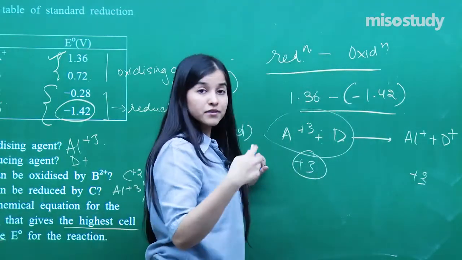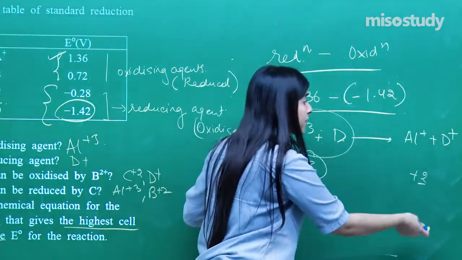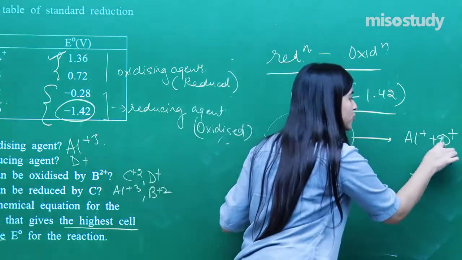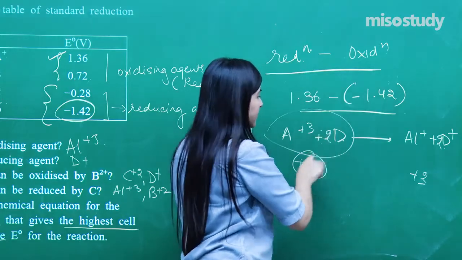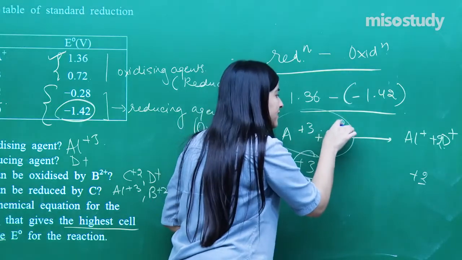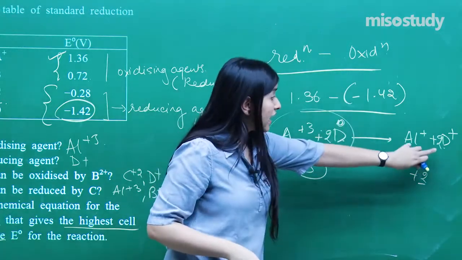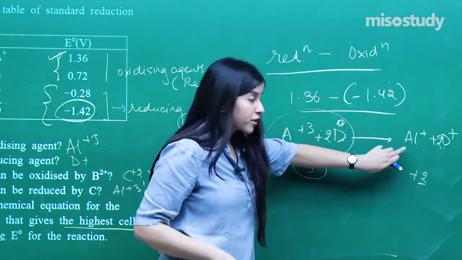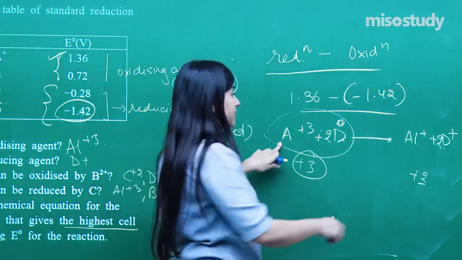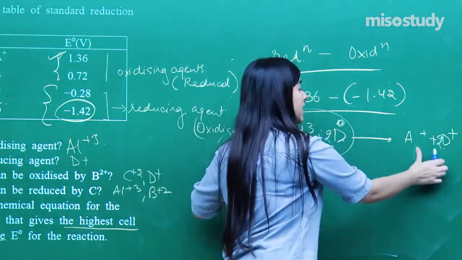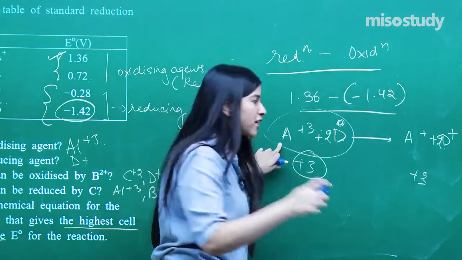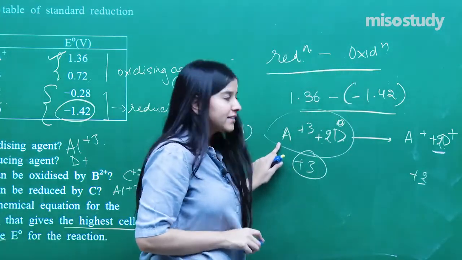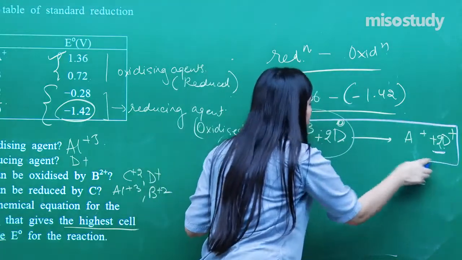How can I make one more charge extra on this particular side? By making this D as 2, right? Done. So it won't affect because here D is itself 0. I will not have taken this as 2 because then I'll have to make this A also 2 and it would have increased the charge. So that is why I've put 2 in front of this particular D. Clear? And that is what the entire reaction is.